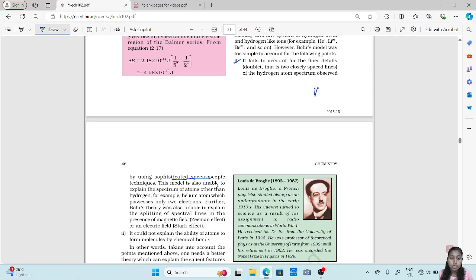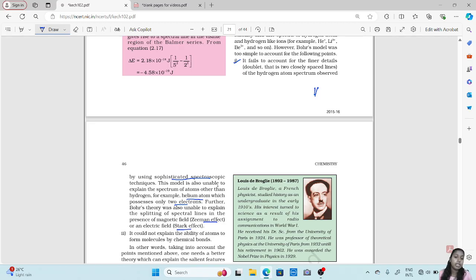spectroscopic technique. This model is also unable to explain the spectrum of atoms other than hydrogen. According to Bohr, it can explain the hydrogen atom, right? But it could not explain the spectrum of other atoms like the helium atom, which possesses only two electrons. Further, Bohr's theory was also unable to explain the splitting of spectral lines in the presence of a magnetic field, that is the Zeeman effect, or an electric field, that is the Stark effect.